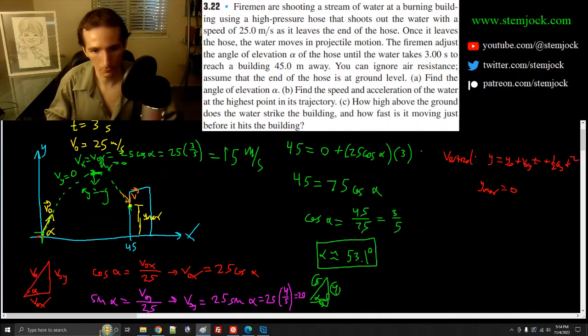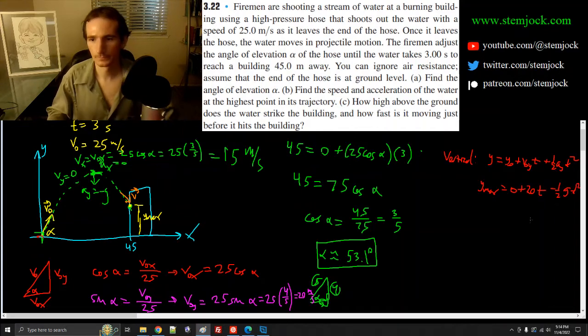So V0y is going to be 20 meters per second. And then t, and then minus 1/2 gt squared. And that's it. So we know that t is going to be 3 seconds.